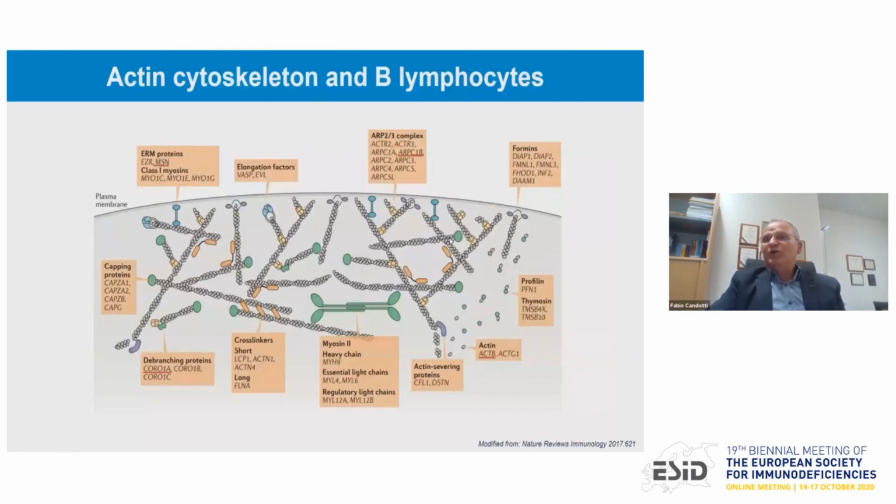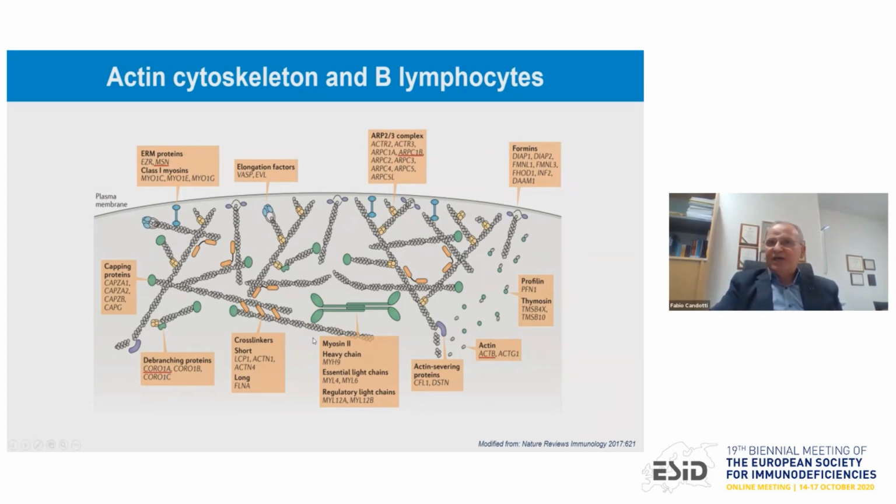Then I wanted to conclude by showing you these slides that list 40 or so genes that are responsible for the correct functioning of the actin cytoskeleton in B cells. As you can see, I've highlighted just the 4 genes that are now known to be associated with immunodeficiency involved in the cytoskeleton.